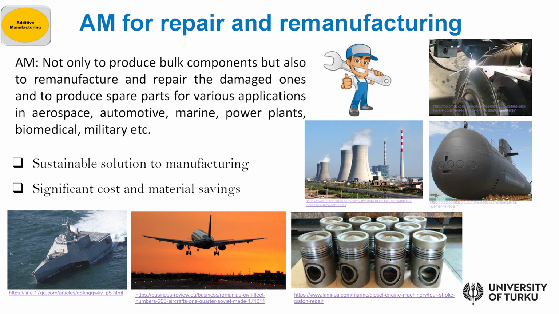Now with the use of AM, we can actually just repair or remanufacture that part, sometimes even on site. So that is what I meant by using AM for repair and remanufacturing, and it has a lot to offer for several sectors like aerospace, automotive, marine, power plants, biomedical, defense. These are just a few that I can list down here.